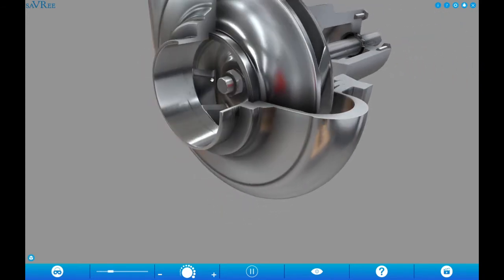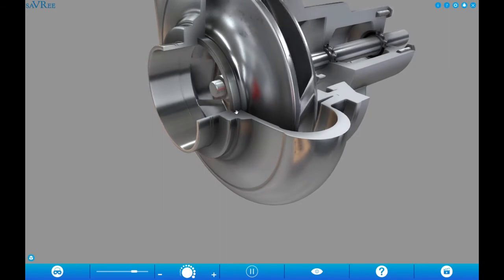So this wear ring is used to have minimum possible clearance between the rotating part of the impeller and the volute, so no water can leak back into the suction line.